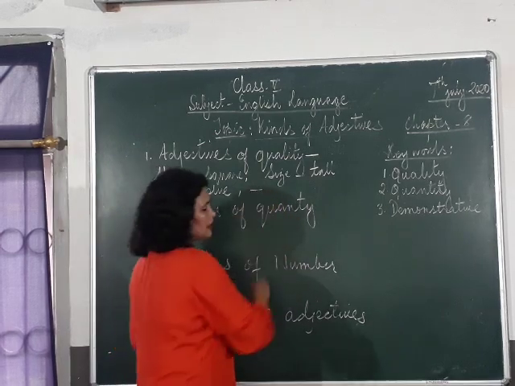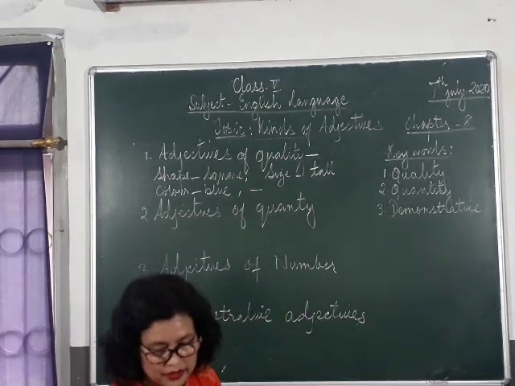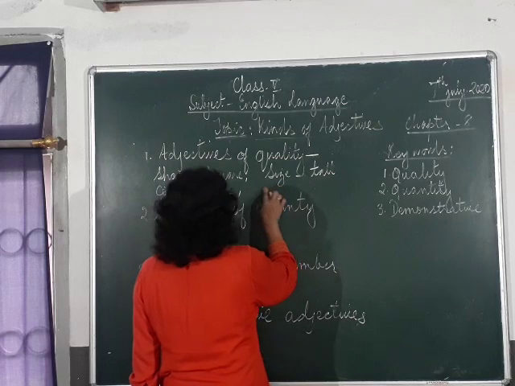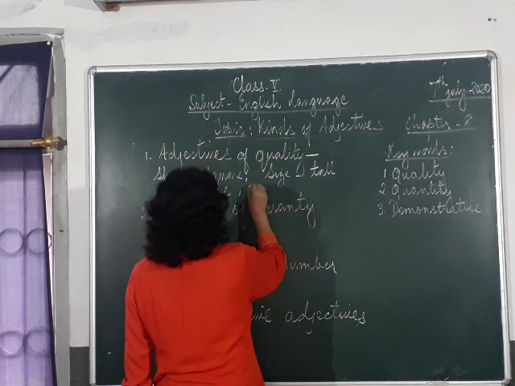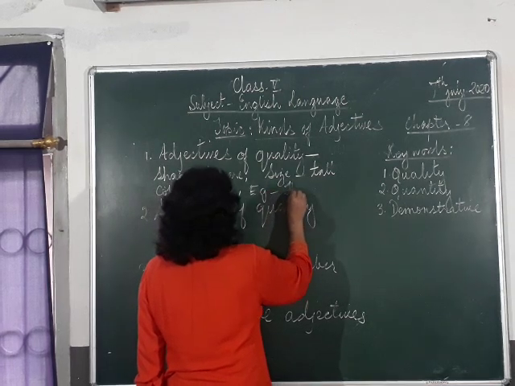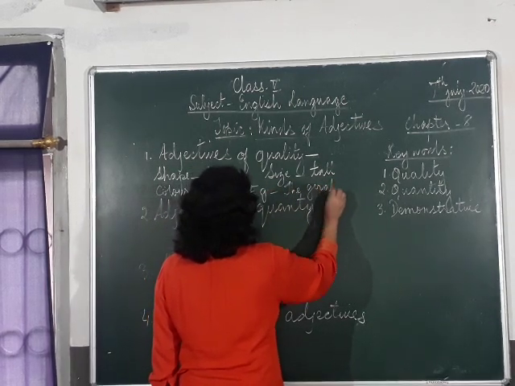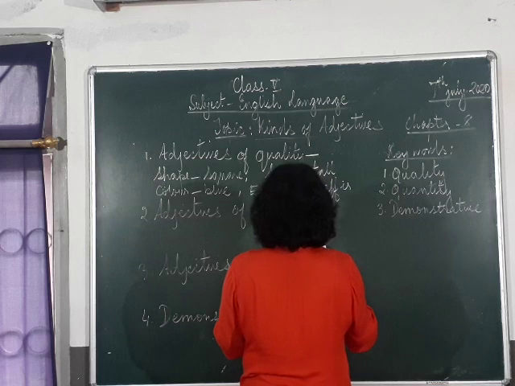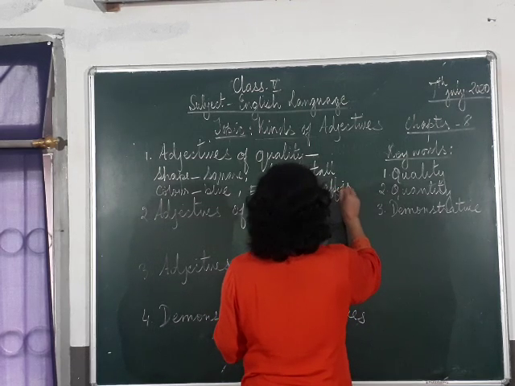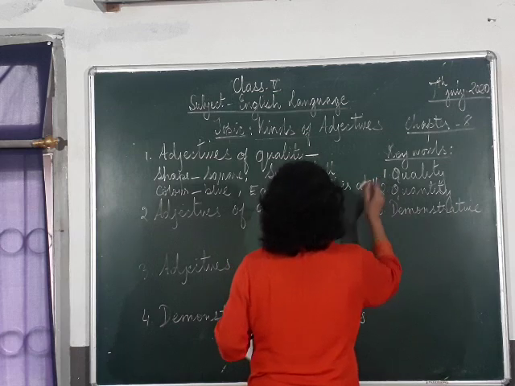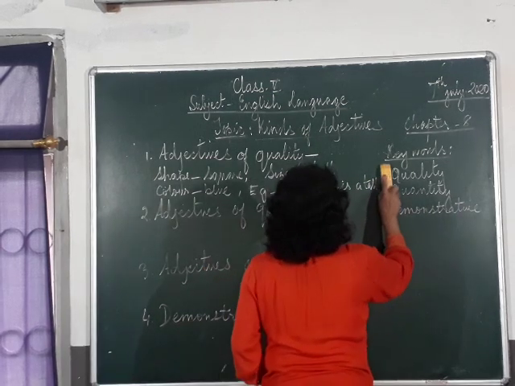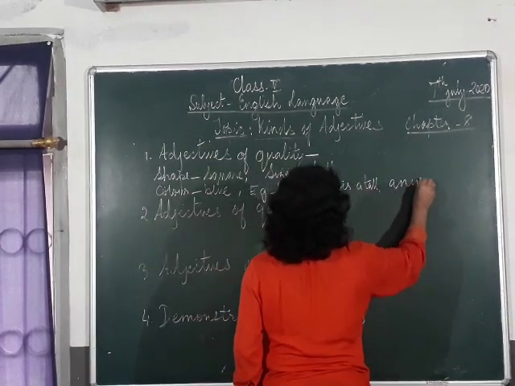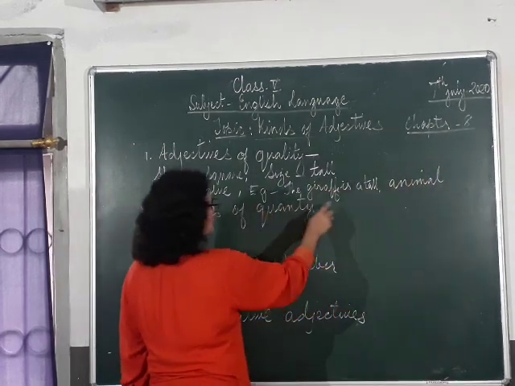I'll give you an example here. Because of the space, I'll just write only one. Example: The giraffe is a tall animal.